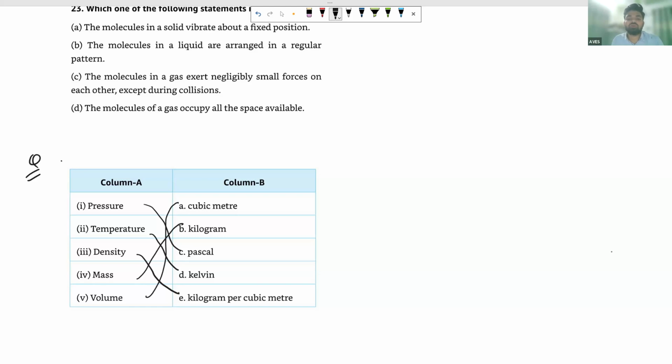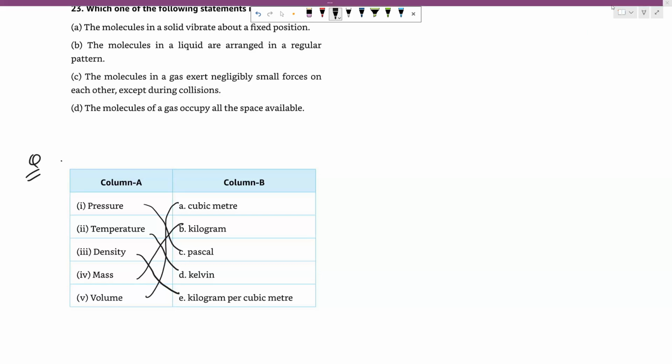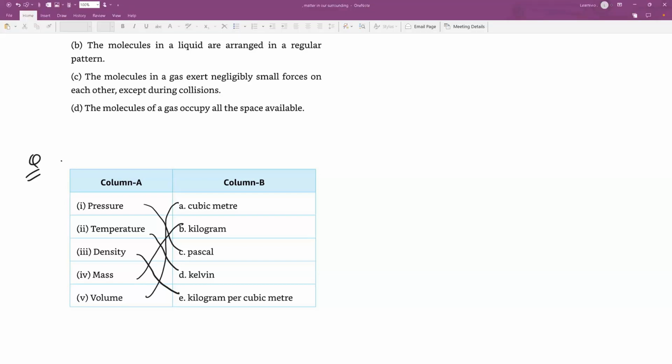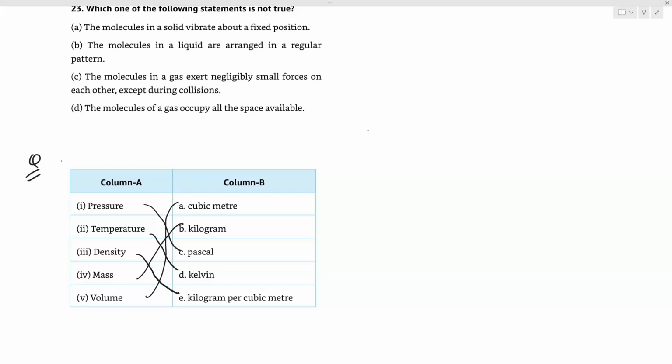So note it down in your copy. Everybody note it down.